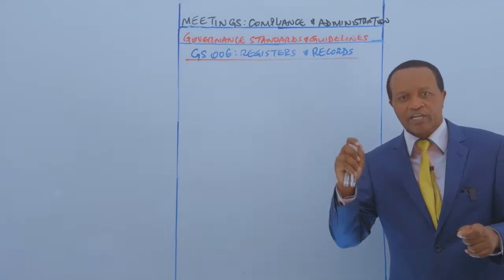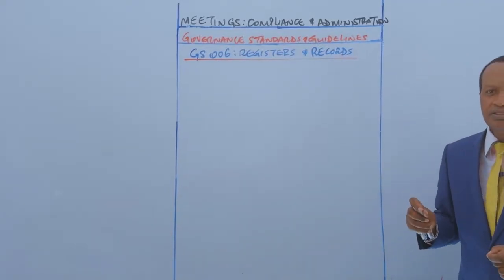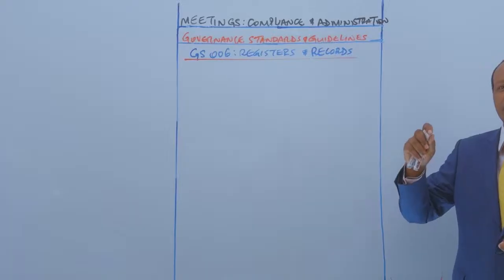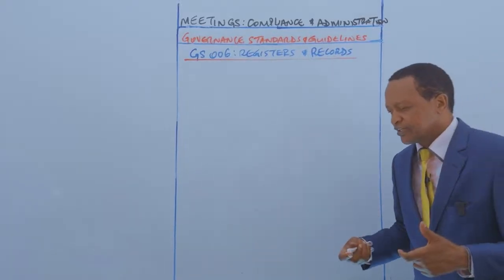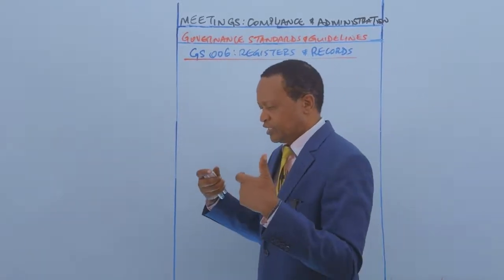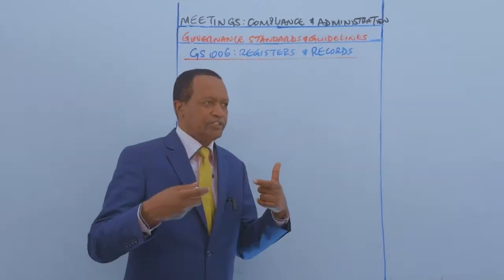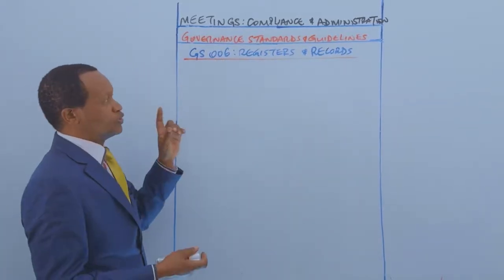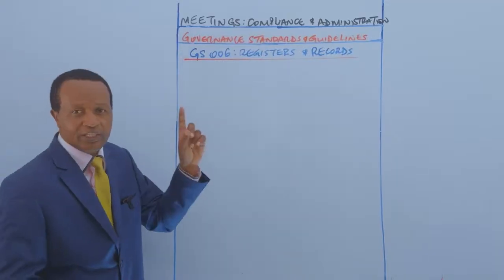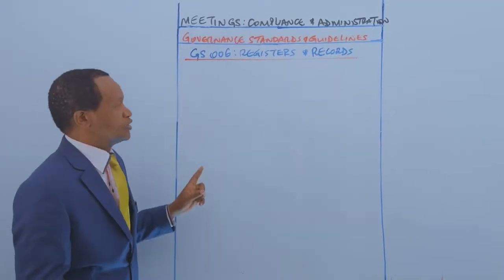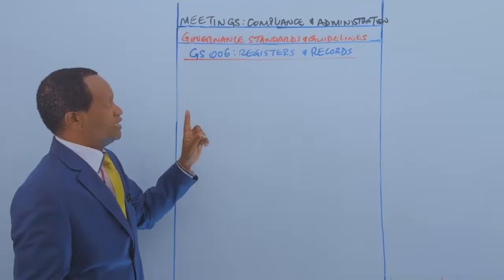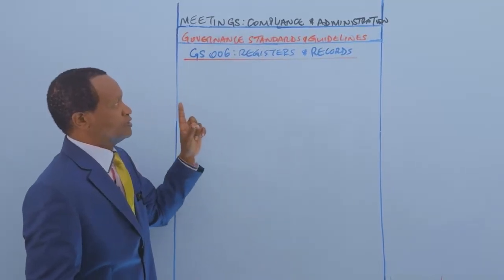Registers and records. The standard ensures that the company remains transparent to the regulators, to the shareholders, and also to the creditors. It is a legal requirement. The company has no option but to maintain records and registers.